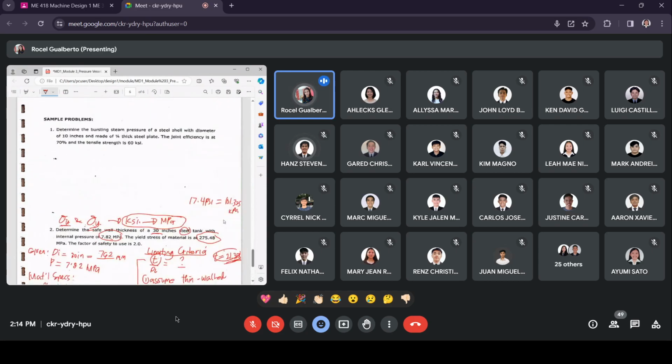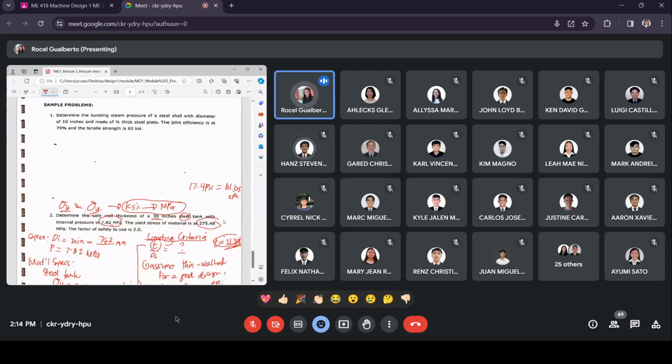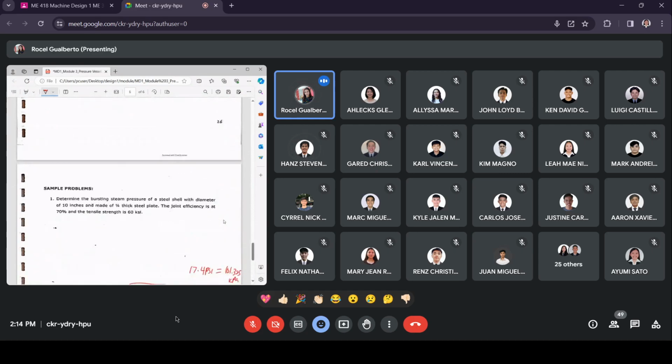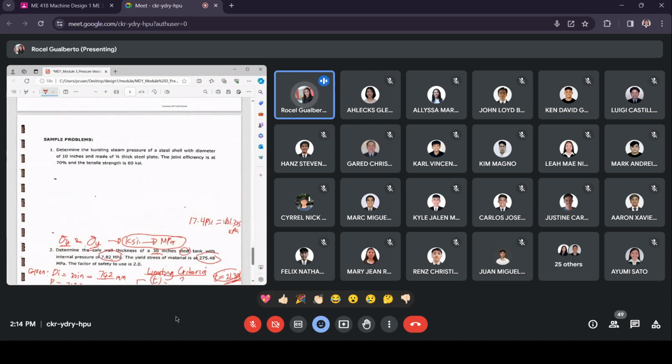Okay, so everybody, let us take the case of sample problem 1. Determine the bursting steam pressure of a steel shell with diameter of 10 inches and made of 1/4 thick steel plate. Joint efficiency is at 70% and the tensile strength is 60 KSI.